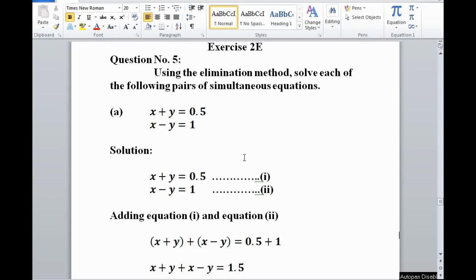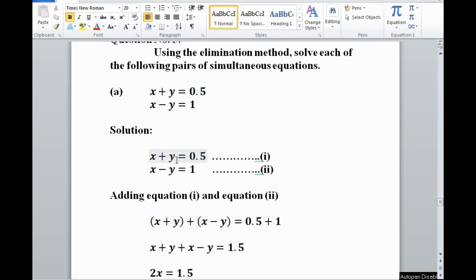For example, the absolute values of the coefficients of x in these two equations is 1, and same as the absolute values of the coefficients of y in these two equations is 1.